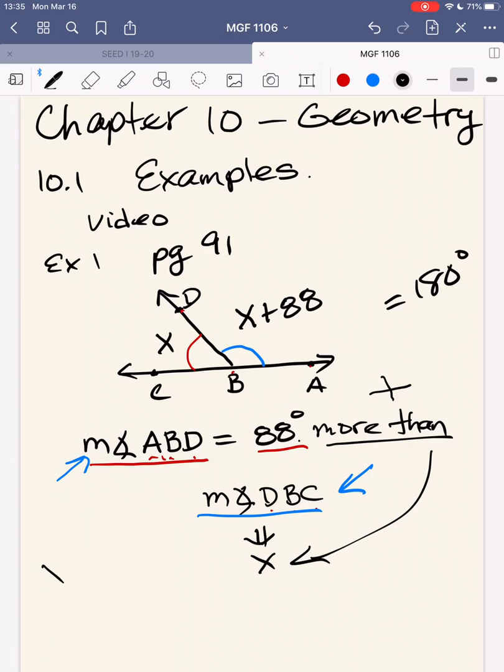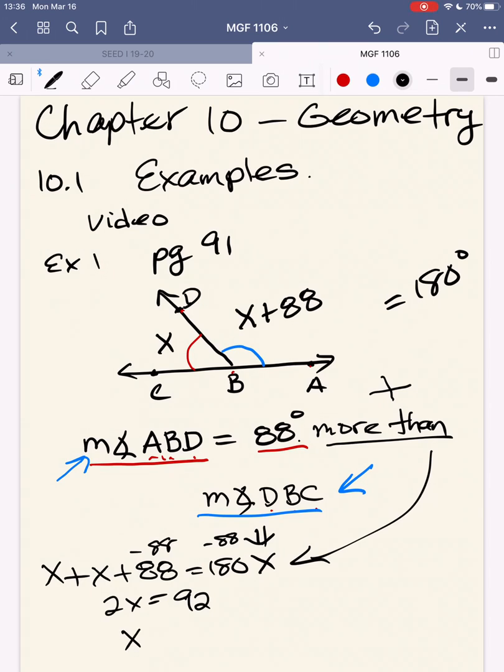I know that X, my first angle, plus the second angle, X plus 88, has to be equal to 180. If I start solving this, I end up with 2x is equal to 92 when I subtract 88 from both sides. So x is equal to 46 degrees.